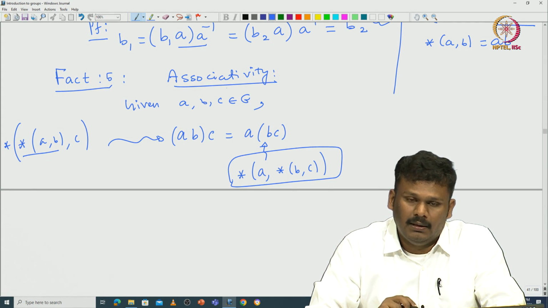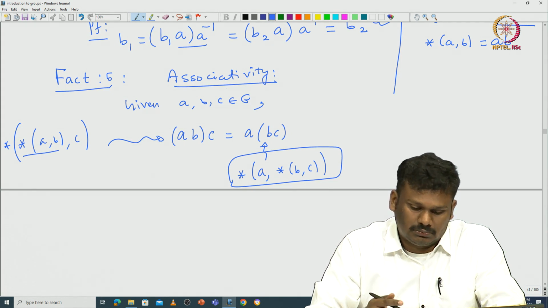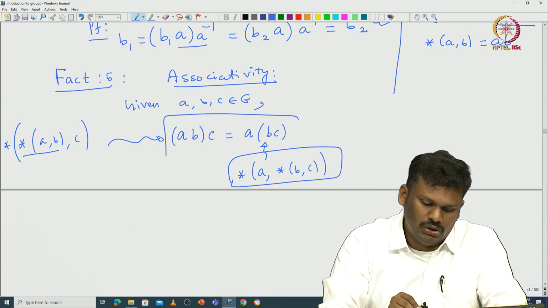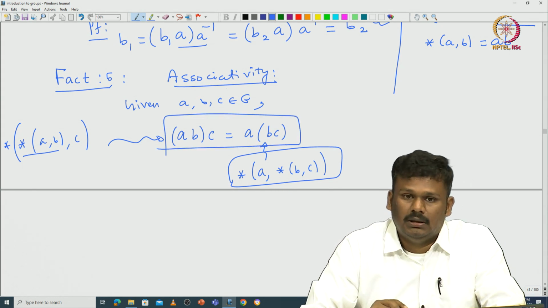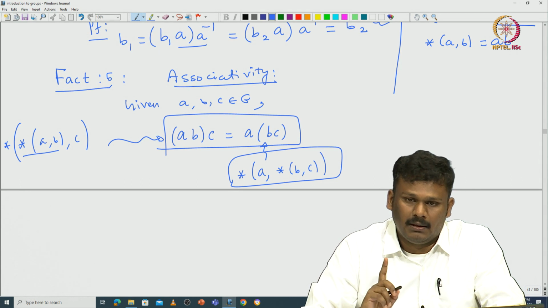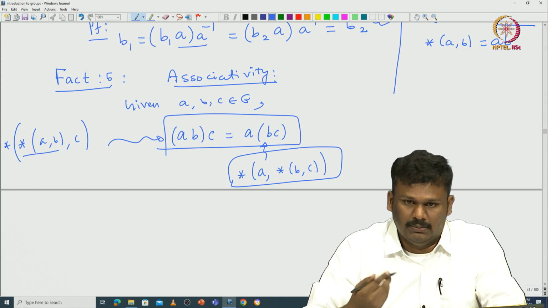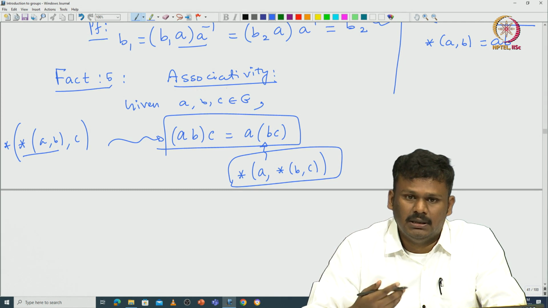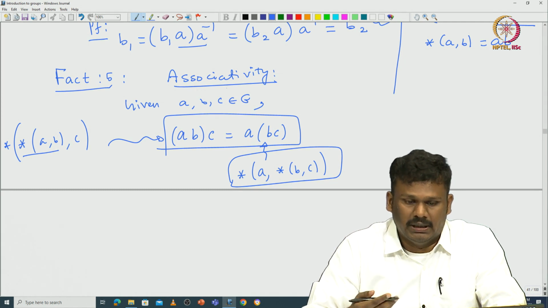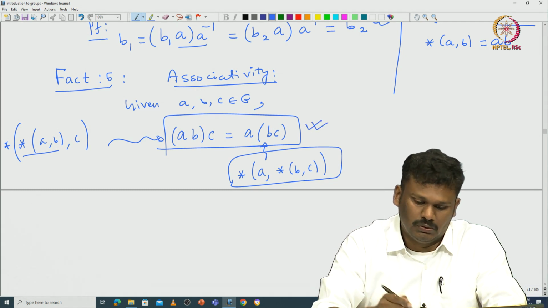So in that case there is no guarantee that these two products need to be the same, but in groups we are actually demanding that these two are the same, because many examples that we know, for example matrix multiplication, addition, all of them satisfy this associativity law. So that is why we demand this to be true.